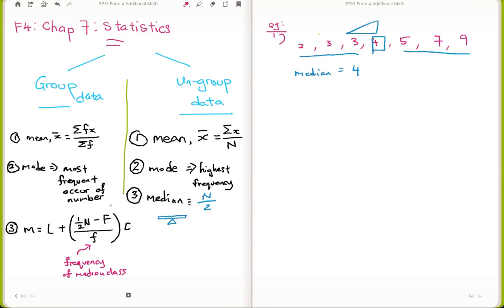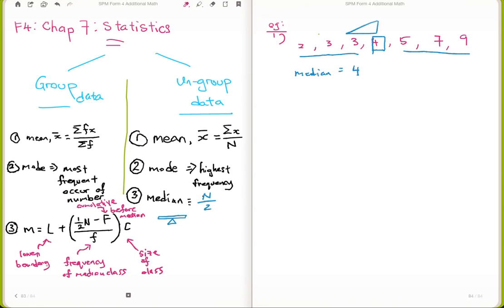The capital F is the cumulative frequency before median, whereas C is the size of class. Then L is the lower boundary. I will talk more on it in my second video, which is about the group data.